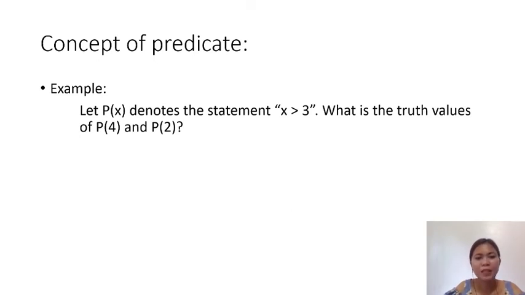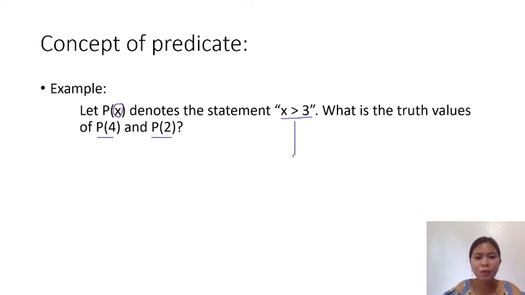Let P of x denote the statement x is greater than 3. What is the truth value of P of 4 and P of 2? This means we assign a value to P of x, so P of x can be P of 4 or P of 2.